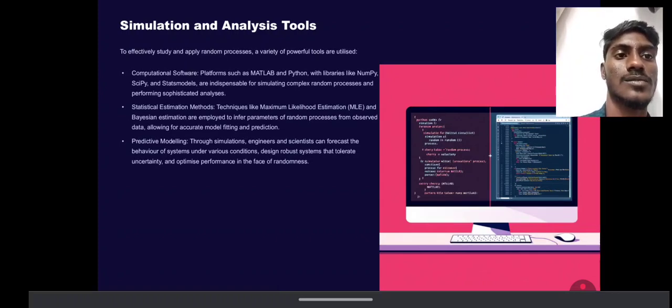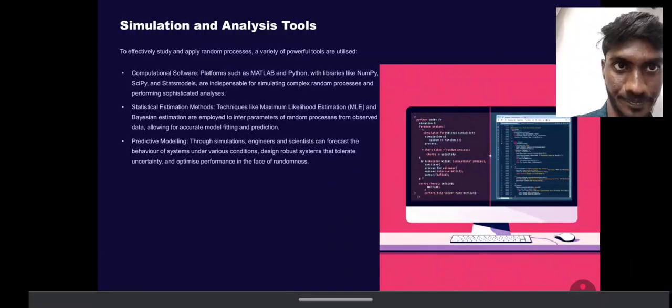Design robust systems that tolerate uncertainty and optimize the performance in the face of randomness. Analysis tools help us effectively study and apply random processes. A variety of powerful tools, like MATLAB and Python, are used to estimate the parameters of the random process from observed data, allowing for accurate model fitting and prediction.